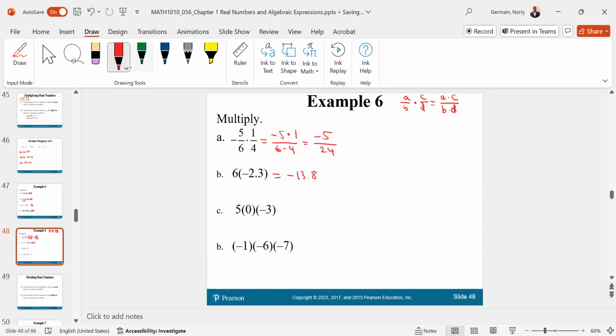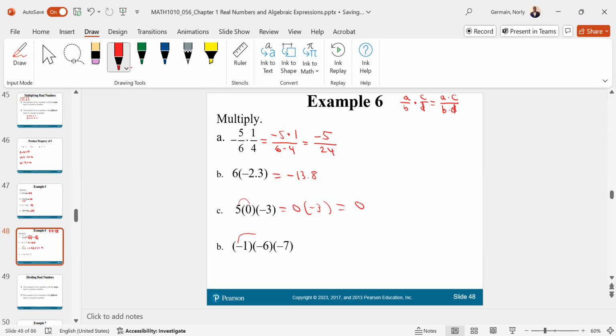Okay? Now remember, it doesn't mean you're going to multiply only two real numbers. You can multiply 1, 2, 3, 4, 5, 6, 7, 8, 9, 10, 100,000 numbers together. But you can do it one by one, like you do 5 times 0 is 0 times -3. Any number multiplied by 0 is 0.